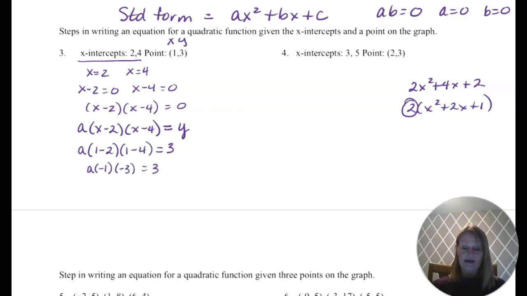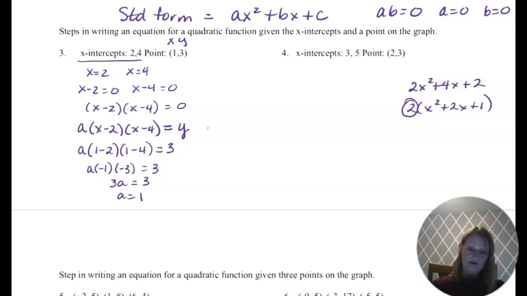So -1 times -3 is 3. So that's 3a equals 3. So a was 1, which means that no, we didn't pull out a common factor. Now I'm not done. All that has been done is finding the a. Again, as I said in the last video, I should have come up with one to give you where a is not 1. So in this problem up here, I know that a is 1.